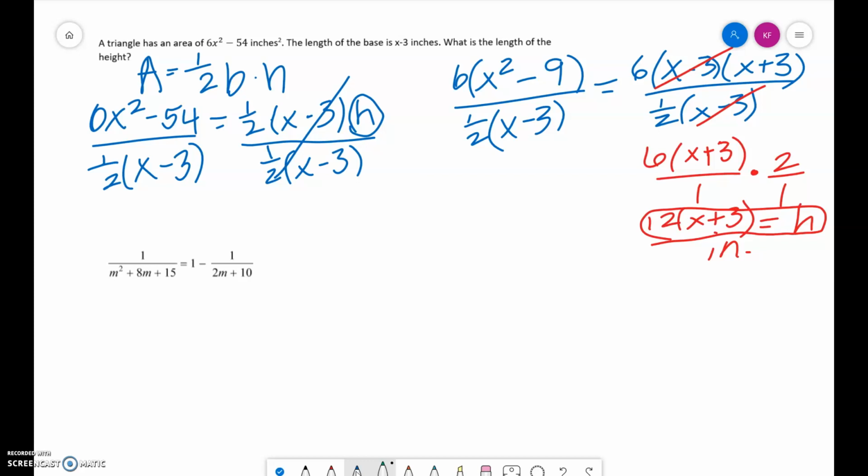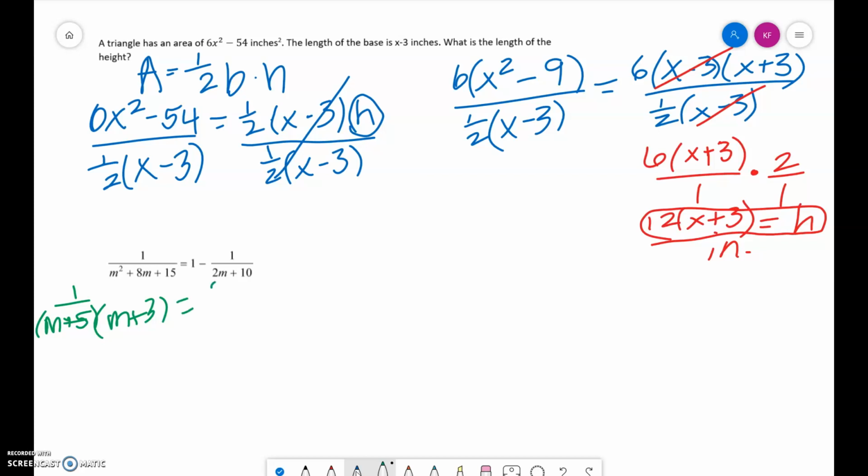So the first thing that we need to do for this is make sure that we can factor the denominators and see what the common factors are so that we can get a common denominator. So if I factor my left-hand denominator, I'm going to get m plus 5 times m plus 3, because 5 times 3 makes 15 and 5 plus 3 makes positive 8.